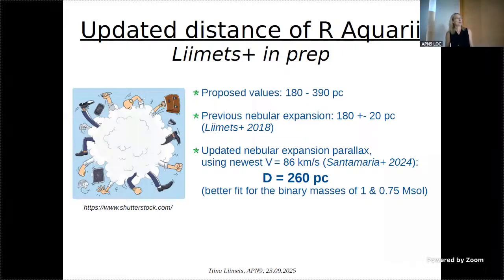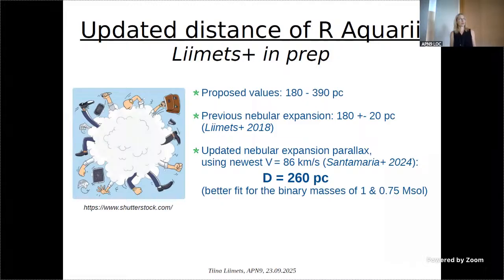But with the updated expansion velocity from these models that you saw before, we have now updated also our expansion parallax, and we find that the distance that best fits with all the other possible ways of determining the distance is 260 parsecs.